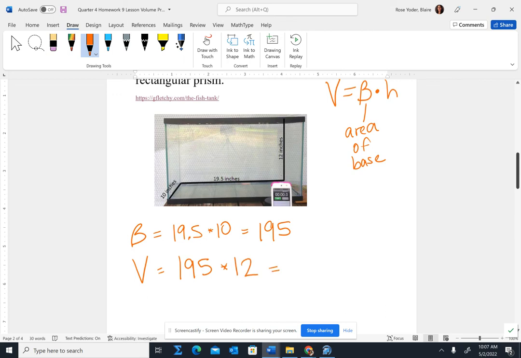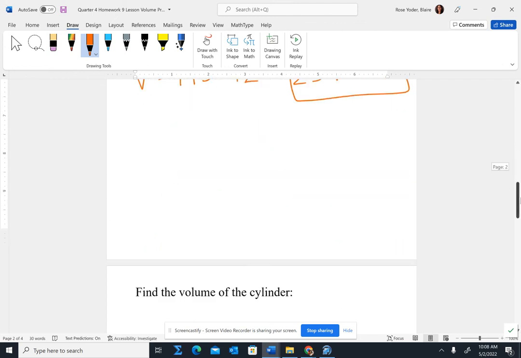So let's see what that turns out to be. 195 times 12 is 2,340 cubic inches. So the base was in square inches. The volume is in cubic inches. That's how much water the fish tank can hold.